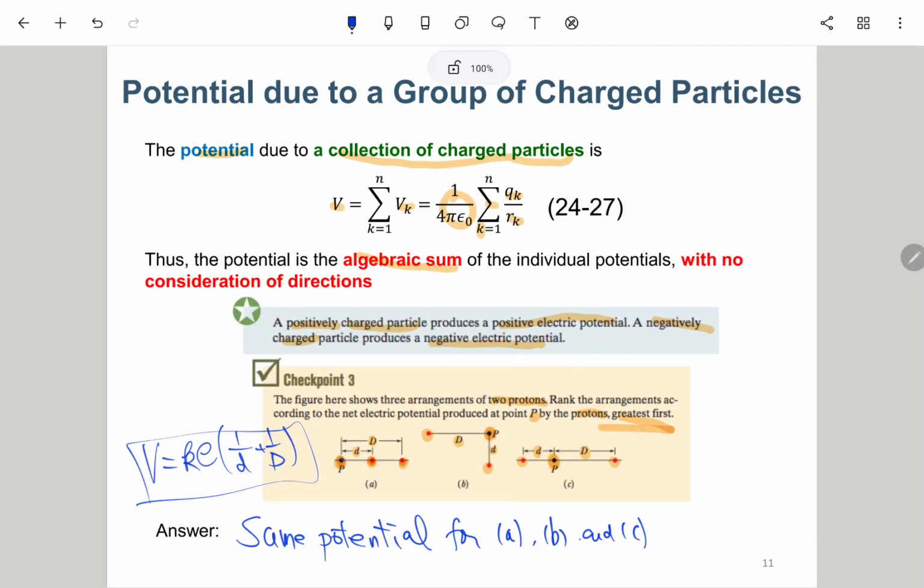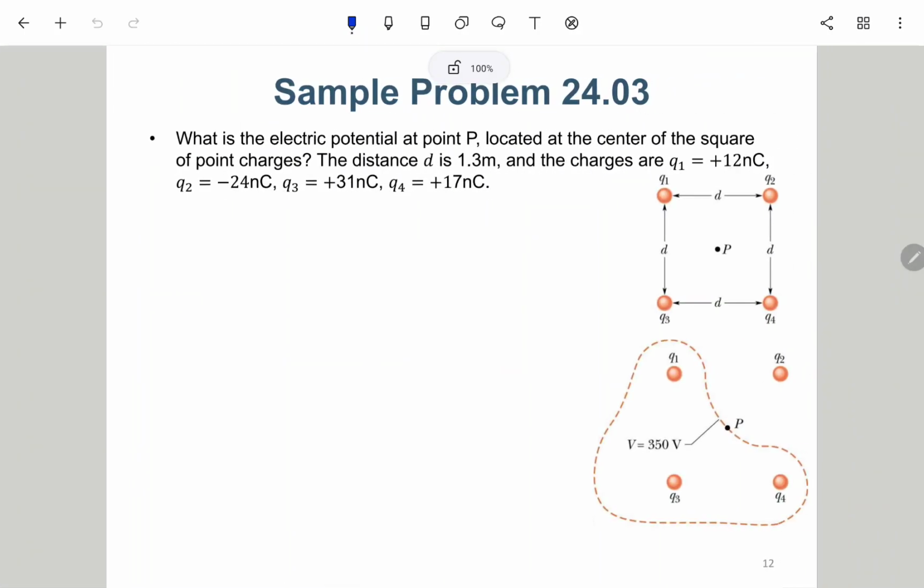Okay, so let's move on. Here we have another sample problem. Here we have 1, 2, 3, 4, so Q1, Q2, Q3, Q4.